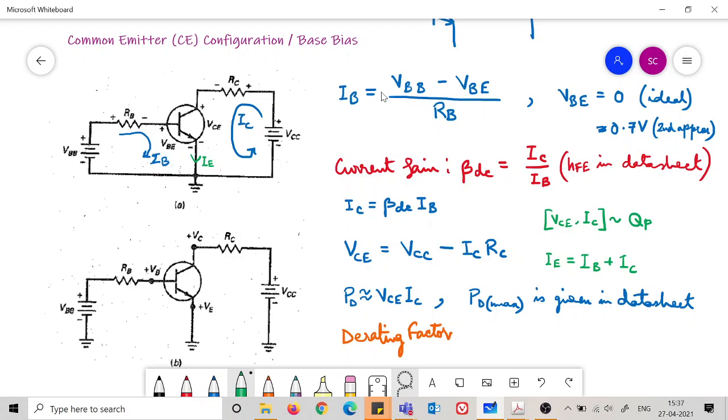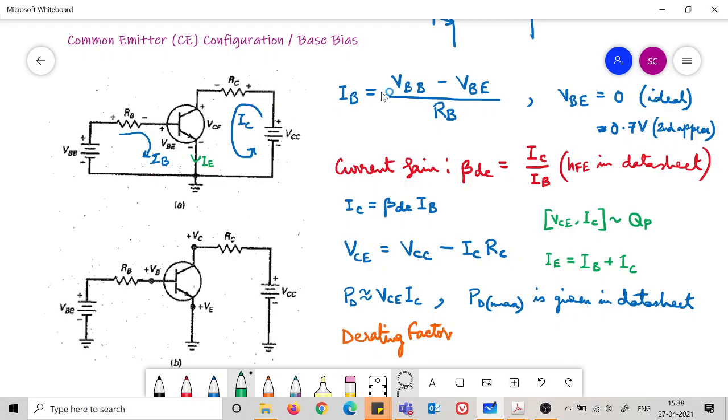So you can complete this exercise by assuming some VCC. So let us assume VCC as 15 volt maybe. So this one we assumed as 20 volt, this also you assume as 20 volt. Then you will get some value of IC. IC is already obtained. Some value of VCE you will obtain.